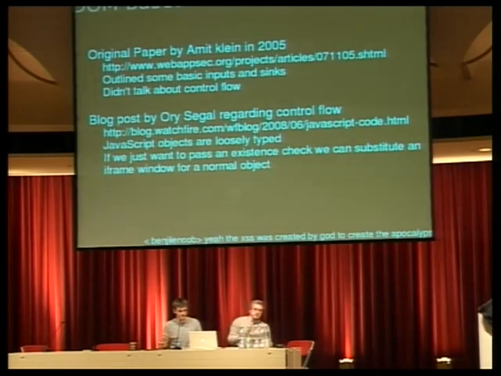There was one blog post this year by Ori Segal from Watchfire where he talked about how if JavaScript objects are referenced in such a way that they're, say, referencing objects of parent frames that they think will exist, we can construct HTML files in such a way that the objects they're accessing don't cause a security exception. Go to that URL to read about that. That's not really what we wanted to talk about.